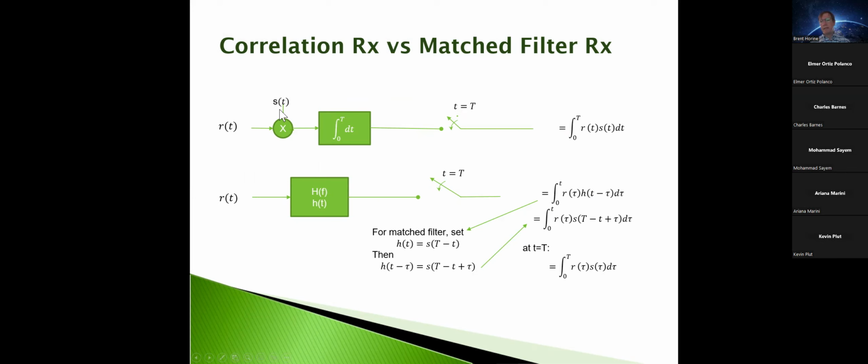We're going to use that simplified version of the correlation receiver where we're multiplying by the symbol, and then we're going to integrate. Now, these symbols have a certain basis or support to them, right? So they're going to be defined over 0 to T.